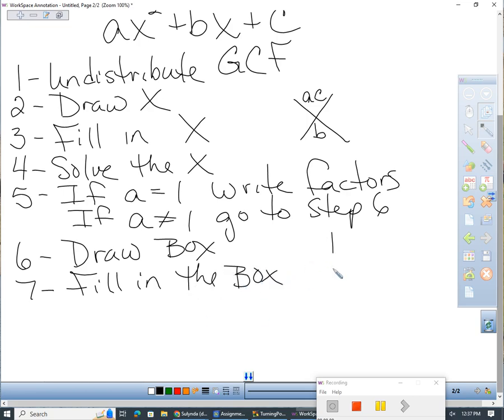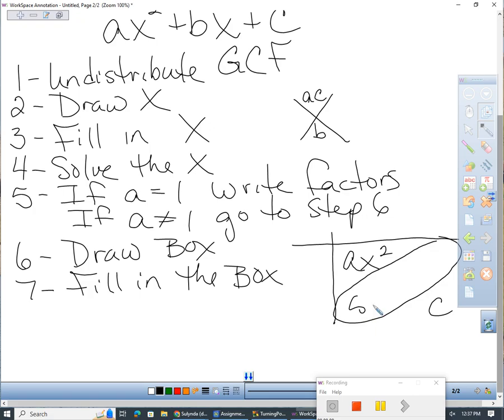All right, so our box looks like this. And we fill in the box. In the first spot is the first term of the trinomial, which is ax squared. The last spot is the last number of the trinomial, which is c. In our diagonal are the sides of our x, with a variable, of course.